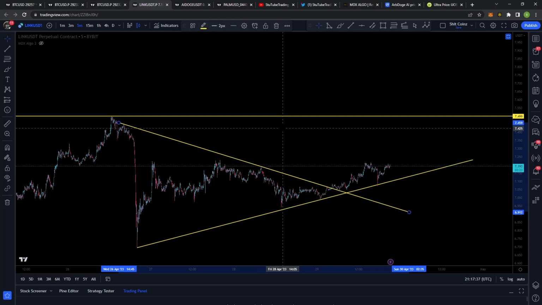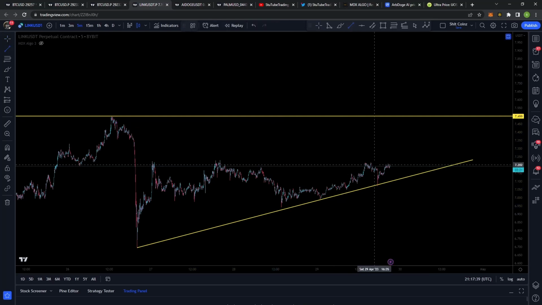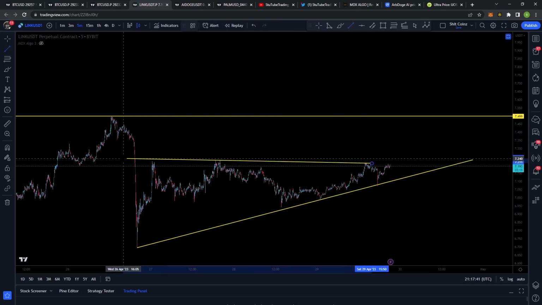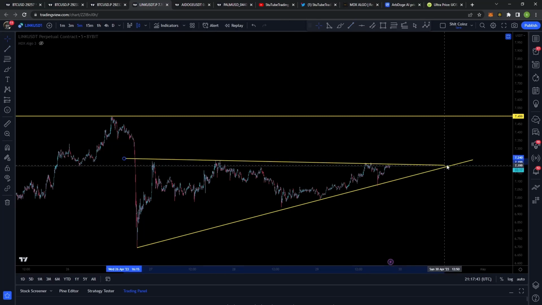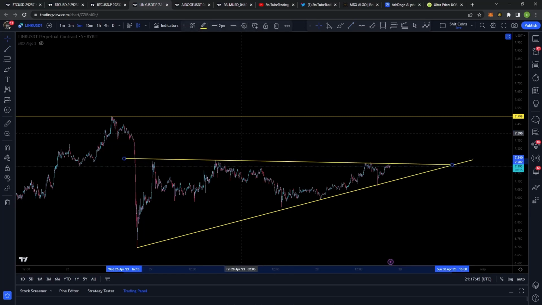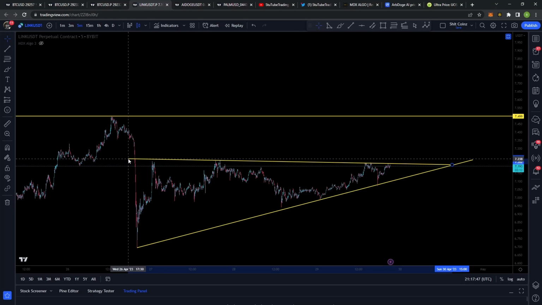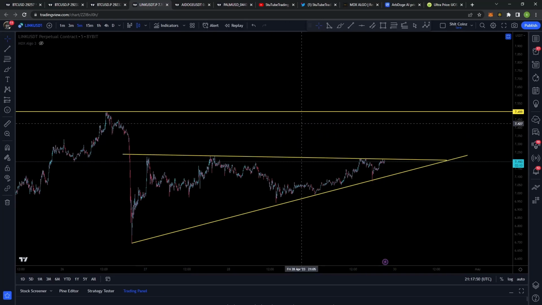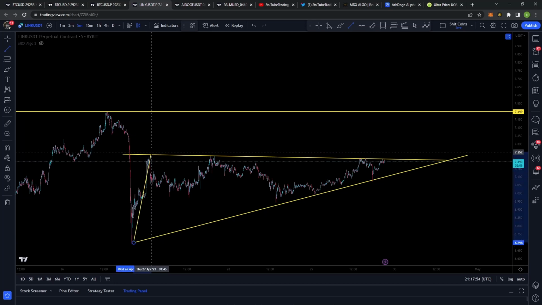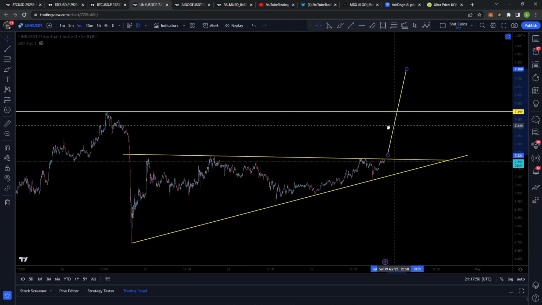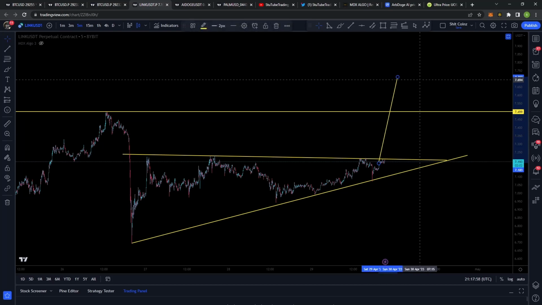See if I can find any more significant trend lines. Some kind of an ascending triangle, maybe? Ooh, that could be juicy. Let's say even something like that.